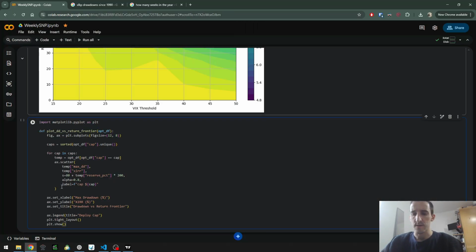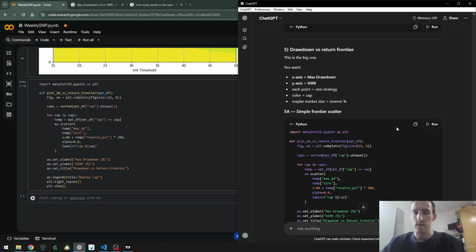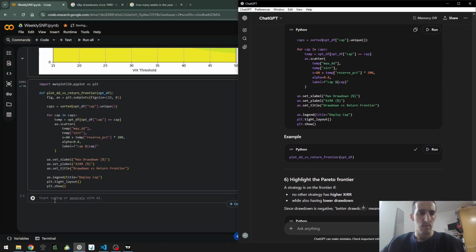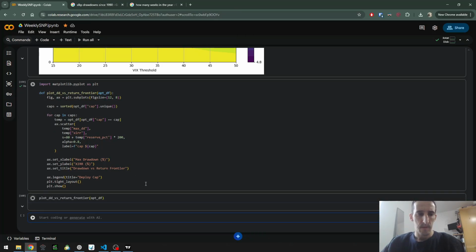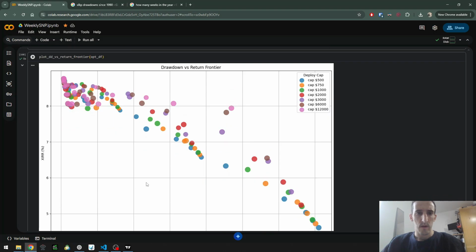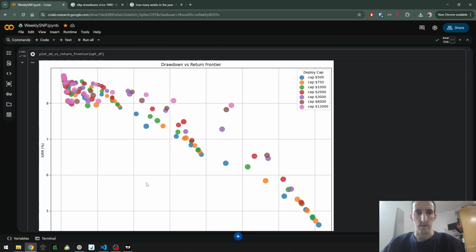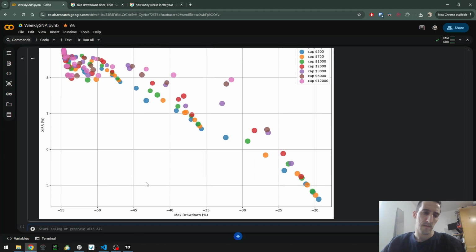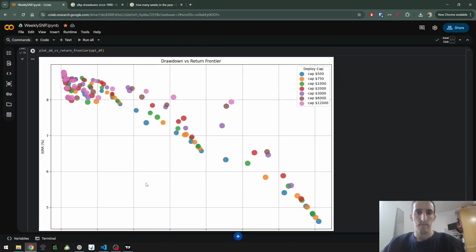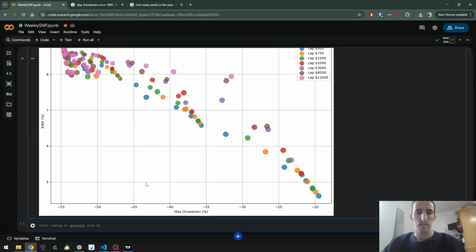Okay, I'm skipping ahead because at this point I think it's a waste of time. And yeah, this is really cool. Drawdown versus Return Frontier. Yeah, this is how it usually goes, right?